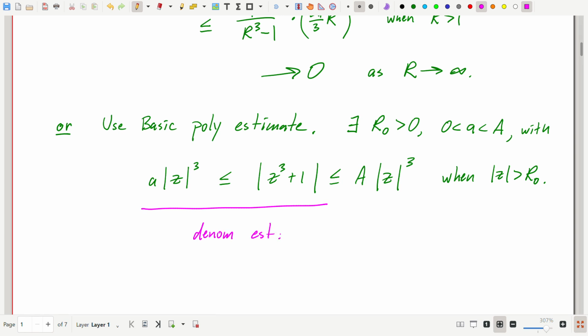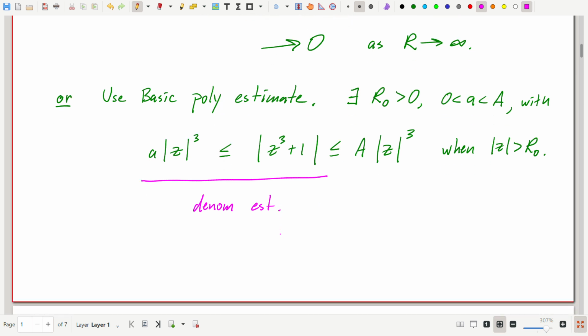And so you could use that little a and see that the integral, when you do it this way, along the circular part is less than or equal to 1 over a r cubed times 2 pi over 3 times r.